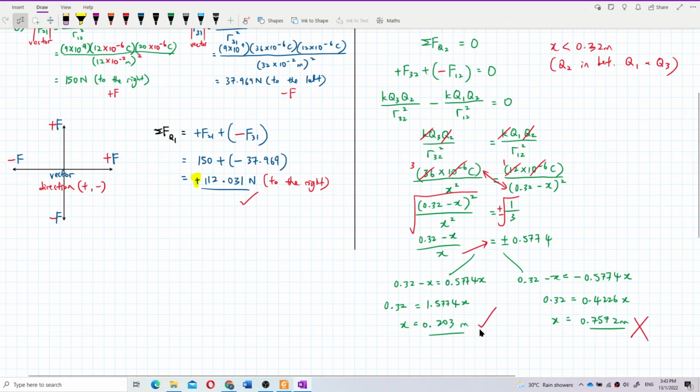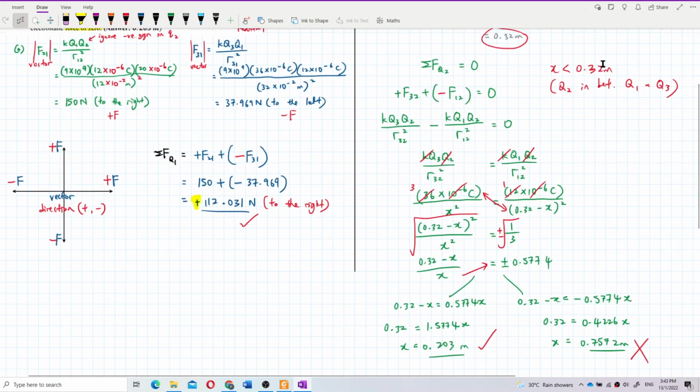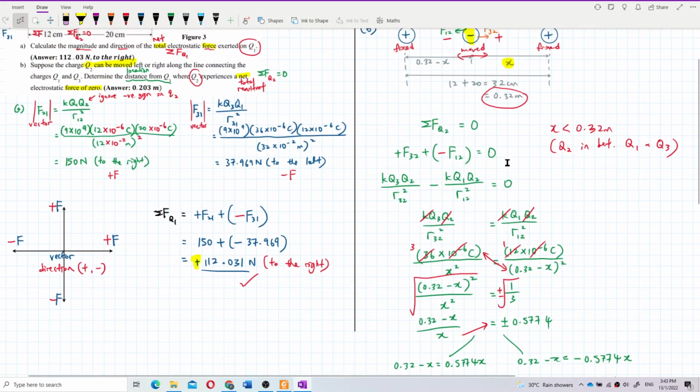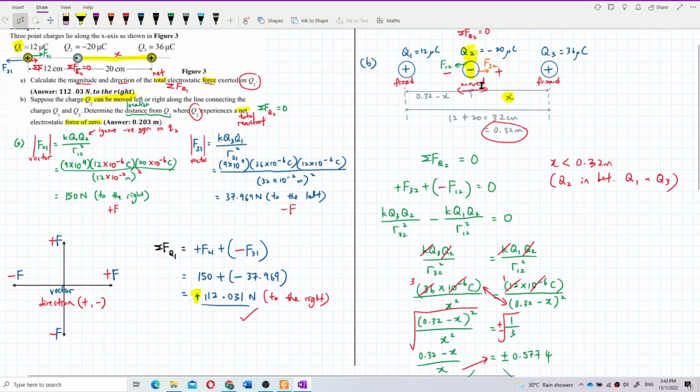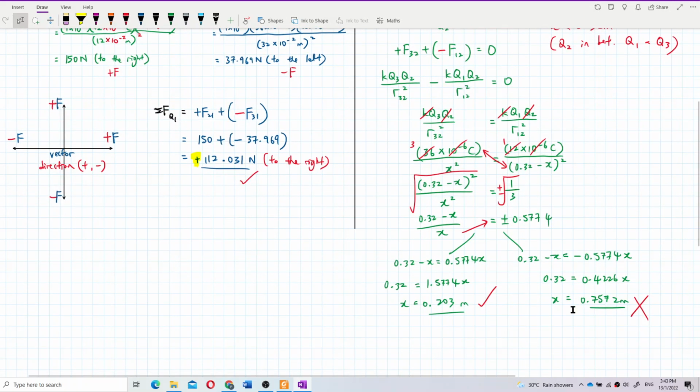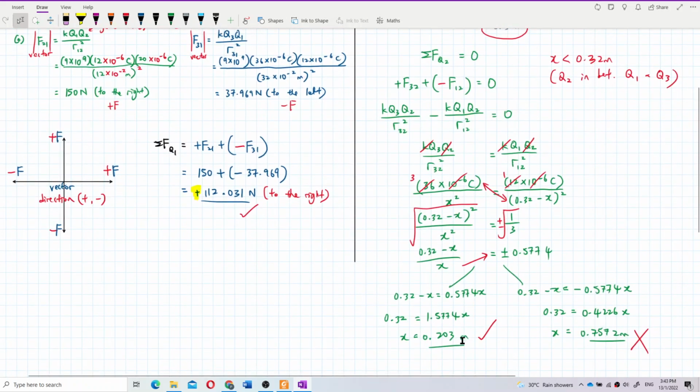This is not, because x cannot be 0.757, which is already more than 0.32. If it were 0.75, then Q2 would be on the left hand side of Q1. So this is not possible. This is the correct one.